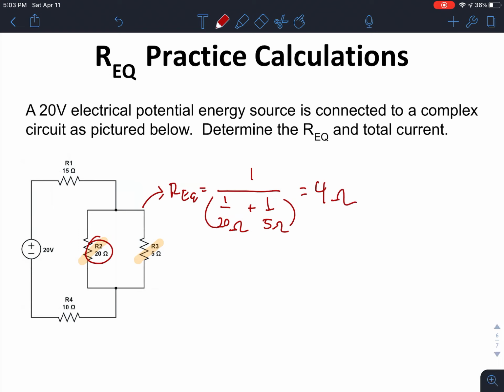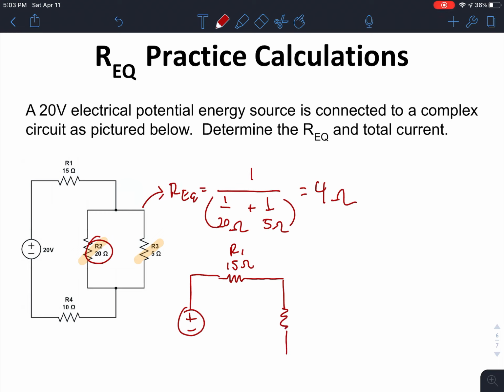While it's not necessary, one thing we could do is redraw the circuit, because basically what we've done now is this. Our circuit still has resistor 1 of 15 ohms. Let's move that up a little bit, and now I have room to put in my little circuit.